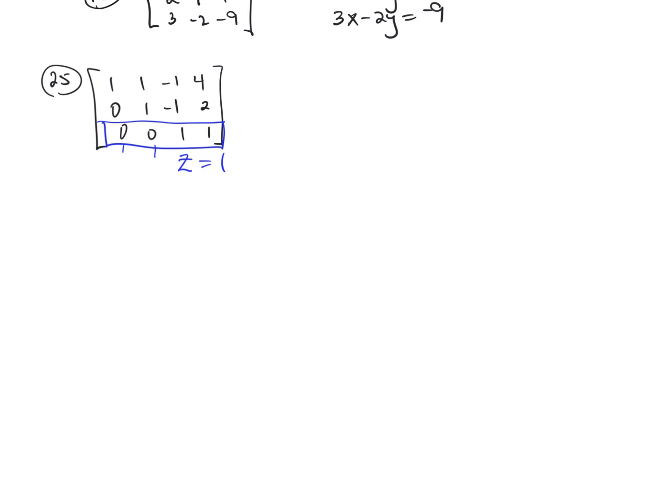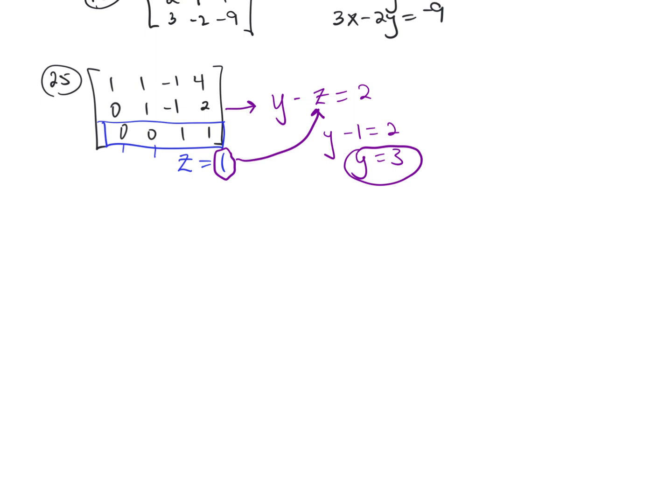Now my third equation gave us one answer. If I write down my second row, what it represents, it says y minus z equals 2. Since we know from the last equation that z equals 1, we can say, okay, y minus 1 equals 2, so y equals 3. All right, so we're figuring out our variables.